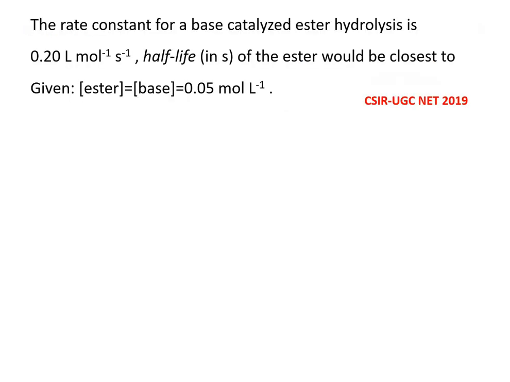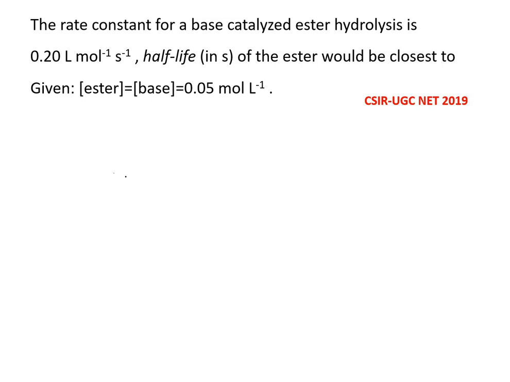The next one, again we will take help from the review part. The rate constant for a base catalyzed ester hydrolysis is this. The half-life in seconds would be closest to what, where the initial concentration is given. So of course, base catalyzed hydrolysis is a second order reaction.